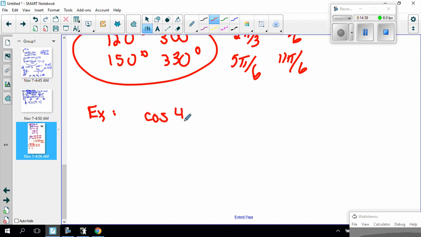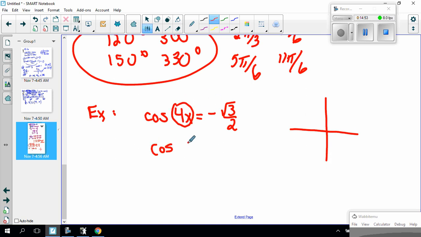Cosine 4x equals a unit circle number. So cosine, I don't like this problem. There's got to be an alpha. This makes it 100% I can yell out the answers. I just got to remember where cosine's negative and where it's the square root of 3 over 2.